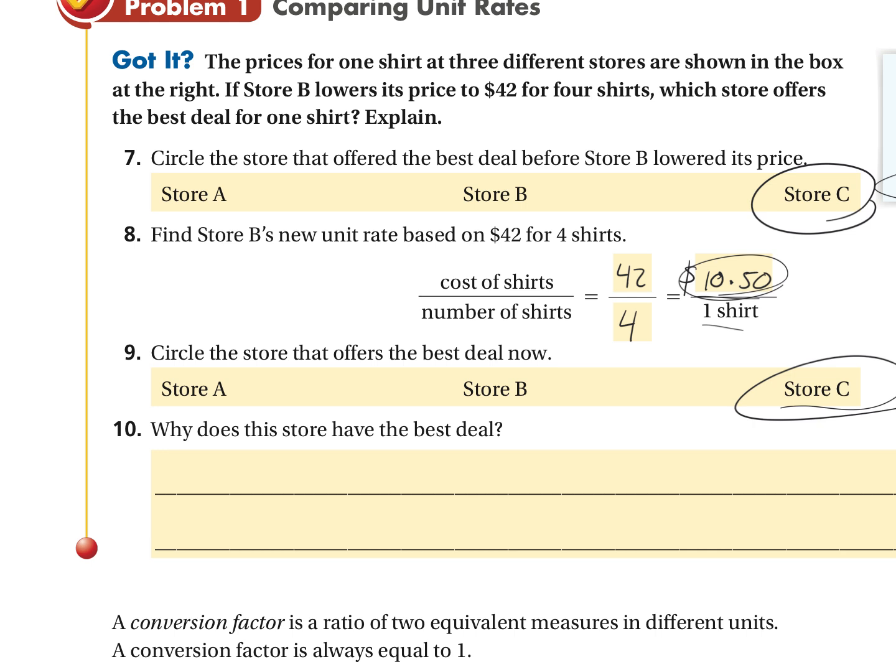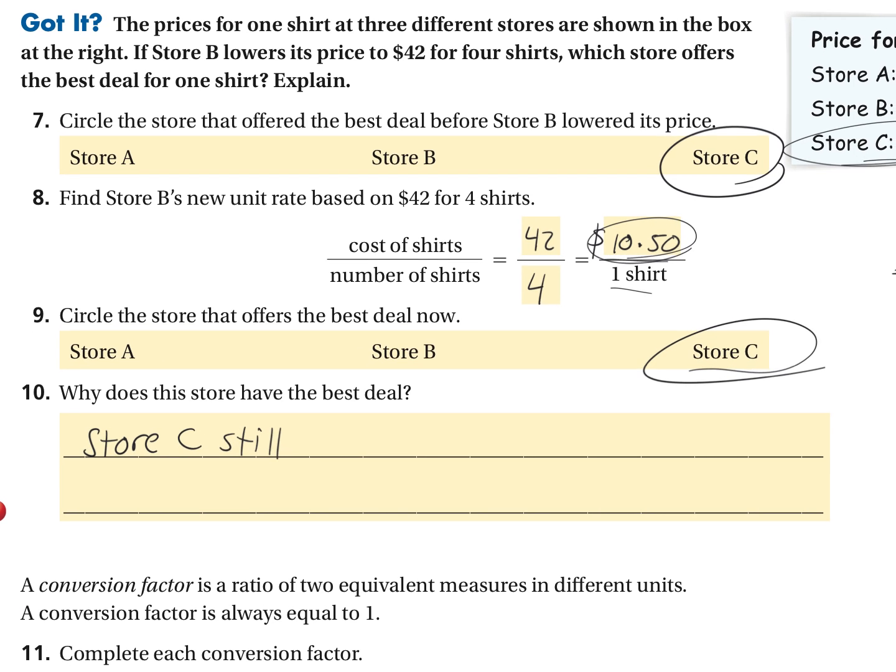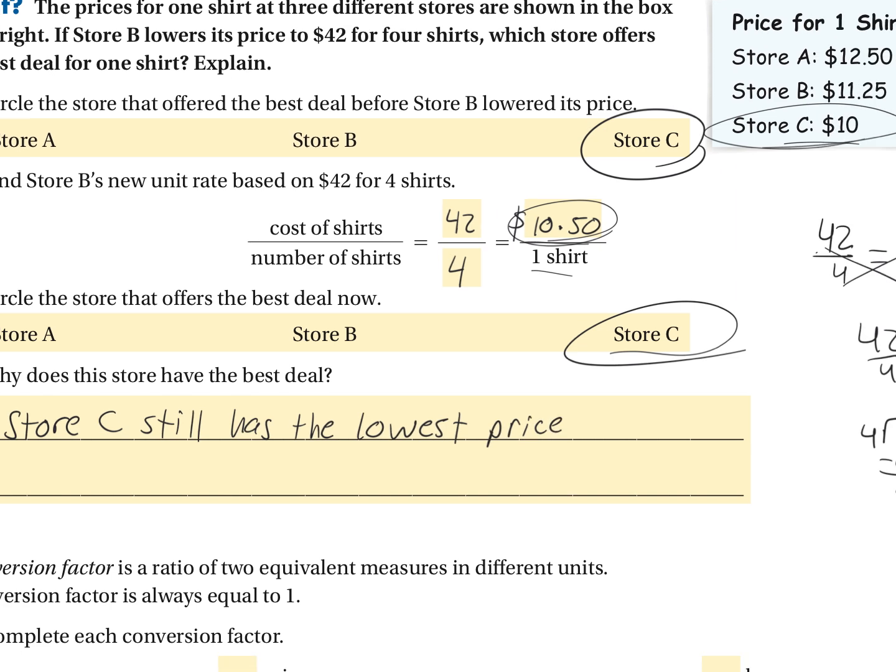Which store has the best deal? Store C. You can write it however you want to get the point across, but store C still has the lowest price per shirt.